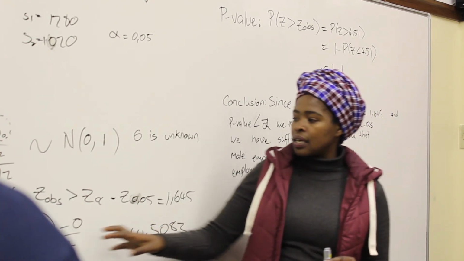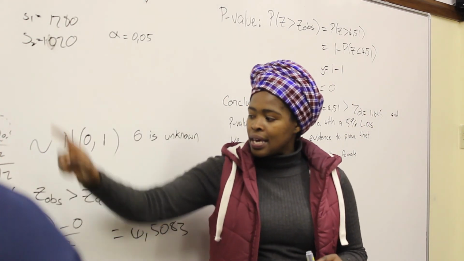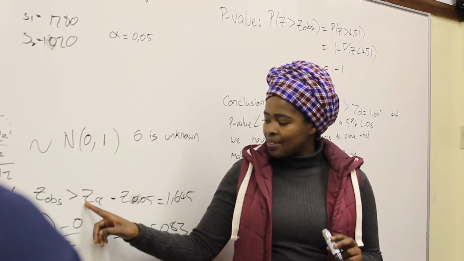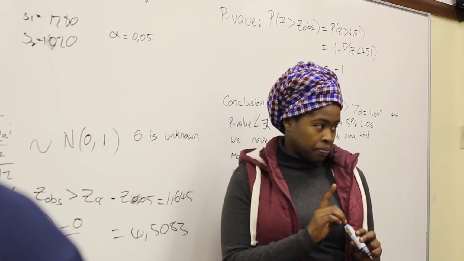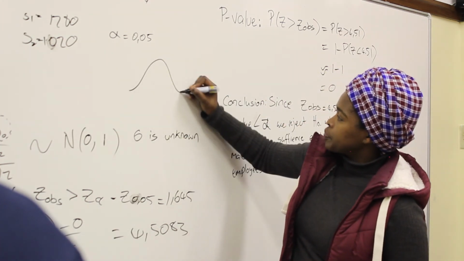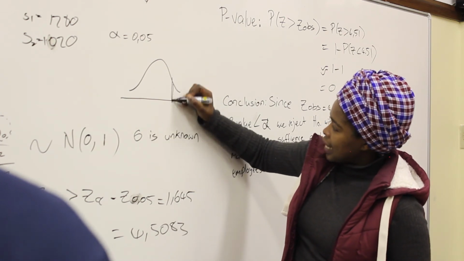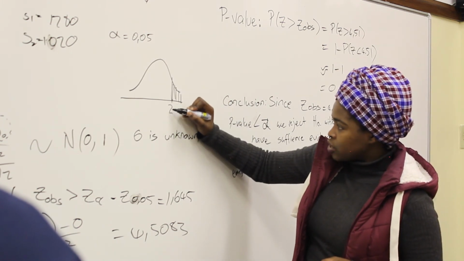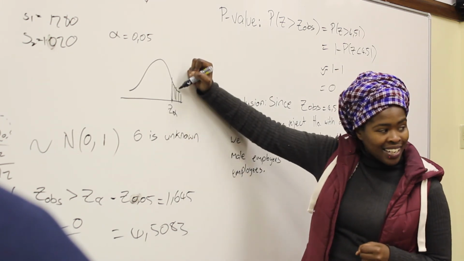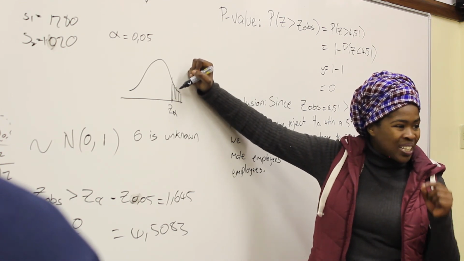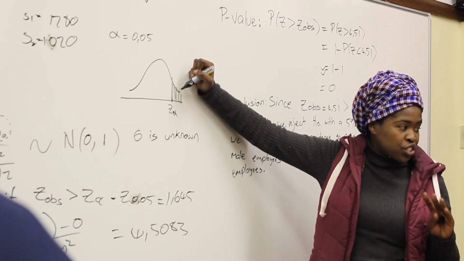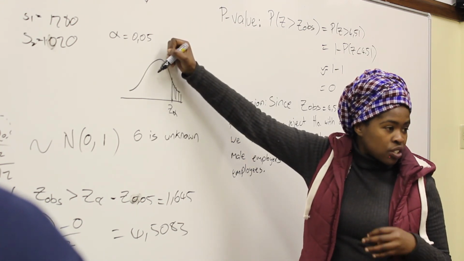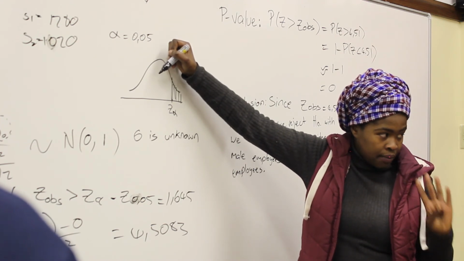So in his case, he's saying he's going to reject H0 if what he observes, he hasn't observed anything yet, is greater than Z of alpha, which is the critical value. So in his graph, he has a rejection region. If the Z observed exceeds this number, it means that the Z observed is falling in the rejection region. So he's going to reject H0. That means that if the Z observed doesn't fall in the rejection region, he'll fail to reject. Are we all happy with that? Okay, that's the first thing.